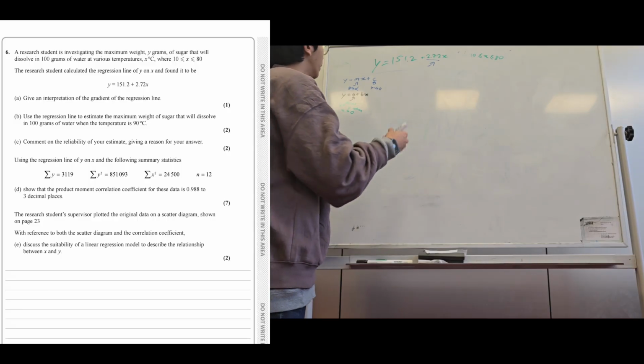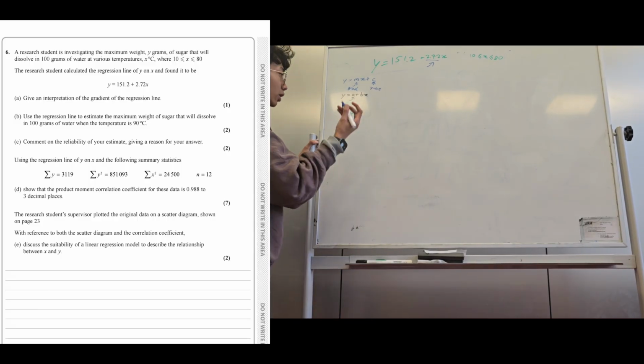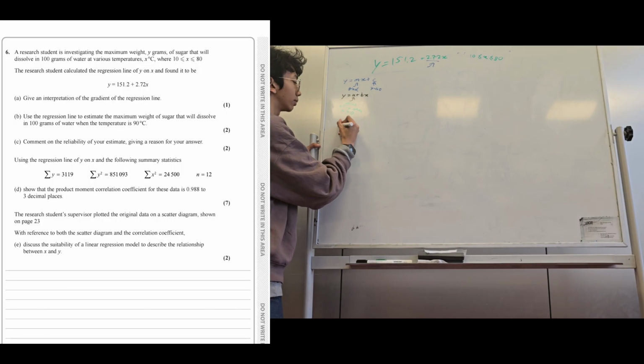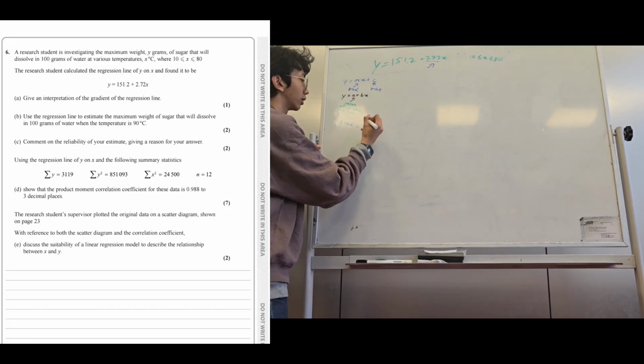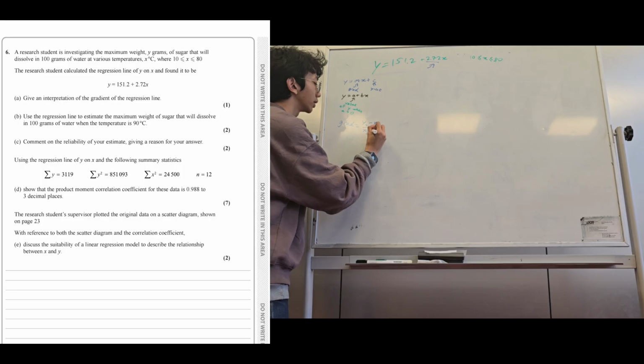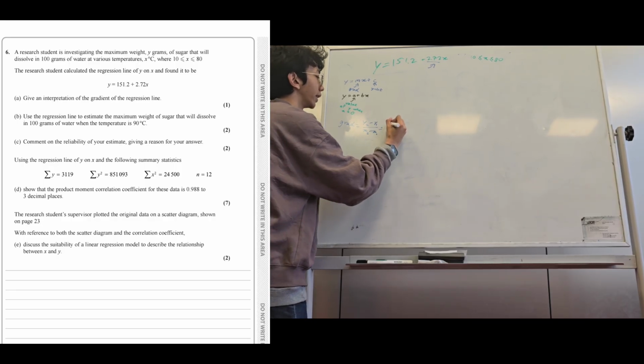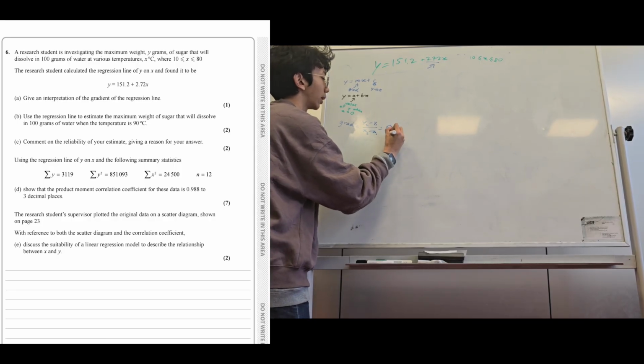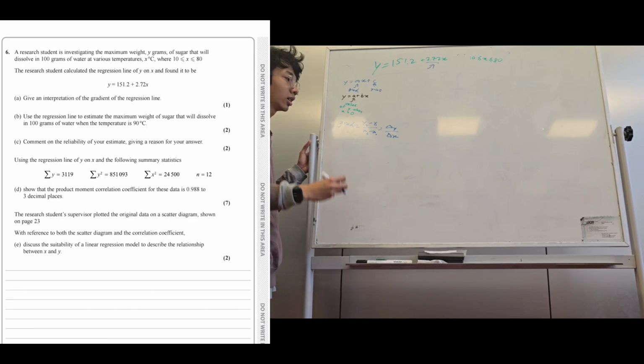If we look back at our gradient formula, you might recall that gradient is equal to y2 minus y1 over x2 minus x1, or in other words, the change in y divided by the change in x.